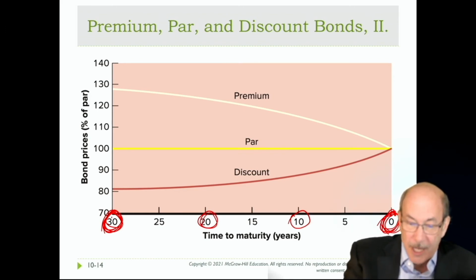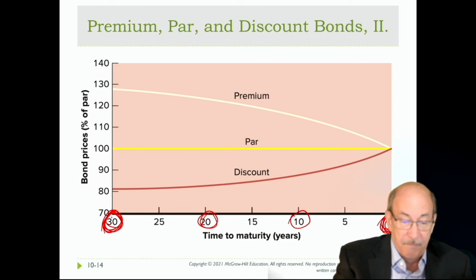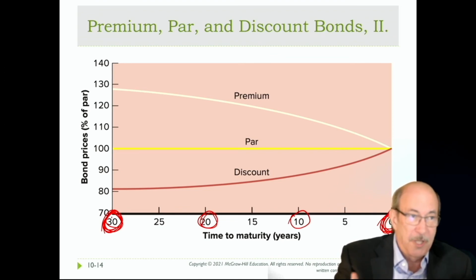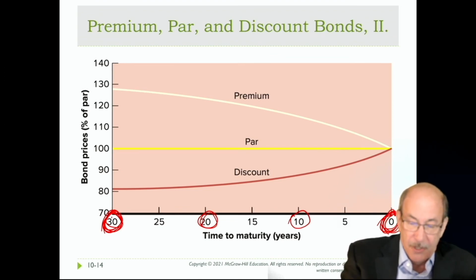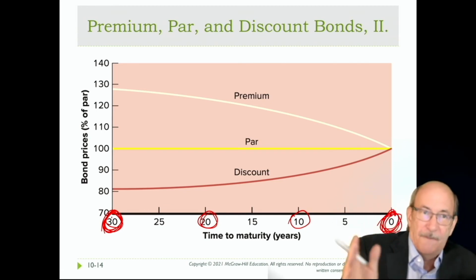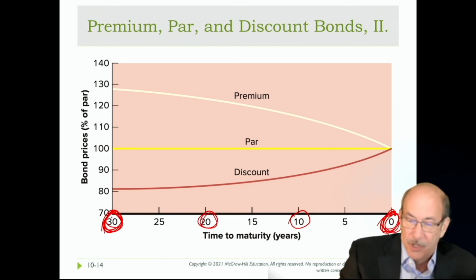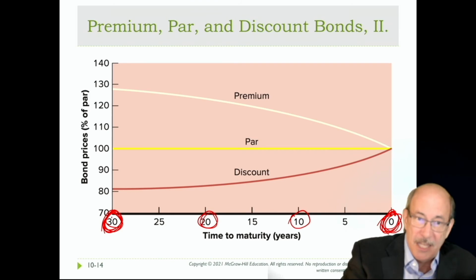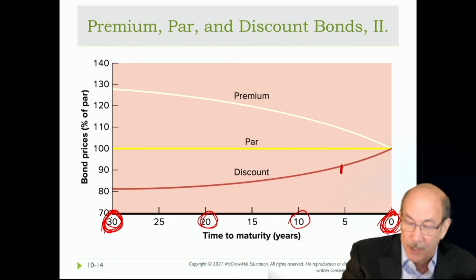Now we're looking at the amount of premium or discount for a particular difference between the market rate and the coupon rate. We're going to keep that difference the same and just look at different times to maturity. Notice that if we have a yield that is above the coupon rate, and we have 5 years to maturity, the price is at approximately 90% of par.